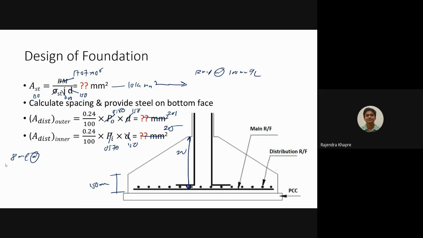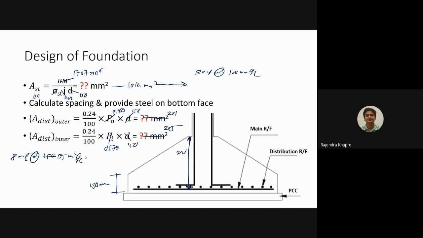So we cannot provide that because the depth of the footing itself is 200. Okay, so just to ensure safety you can provide 150 or we can even provide 175 mm center to center. ठीक है, these are the distribution steel. 250 is not recommended, even 200 is also not recommended, we can go for 175.